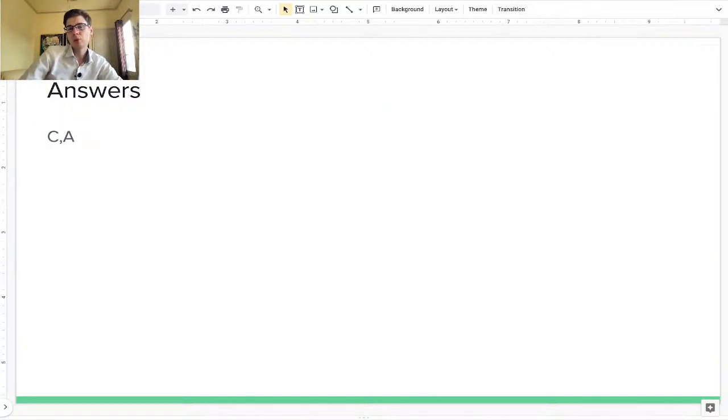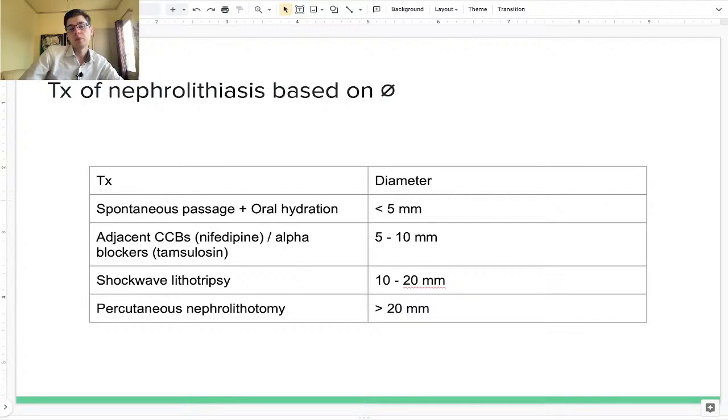Let's discuss how we actually treat renal stones in accordance to their size. If we have a diameter less than 5 mm, we consider spontaneous passage with oral hydration. However, the best next step for a diameter between 5 and 10 mm is giving calcium channel blockers, nifedipine, or more frequently alpha blockers such as tamsulosin.